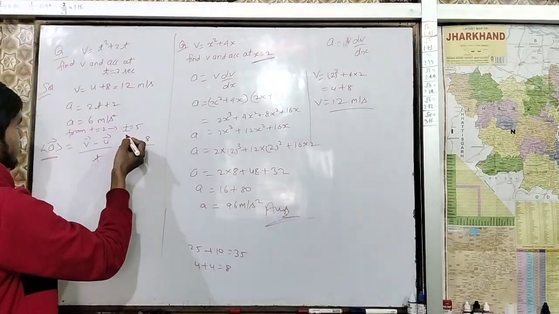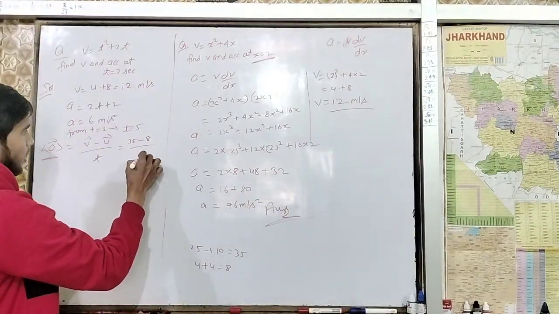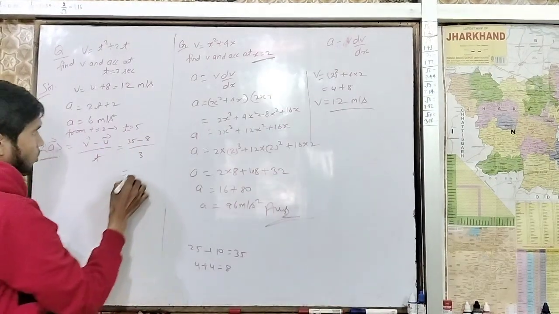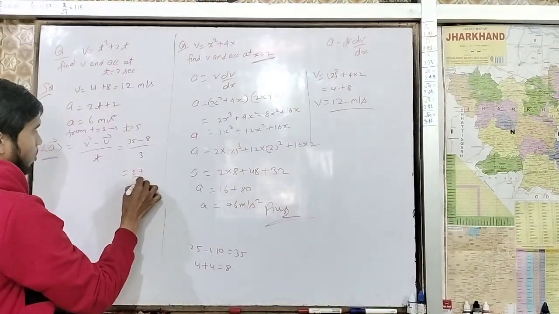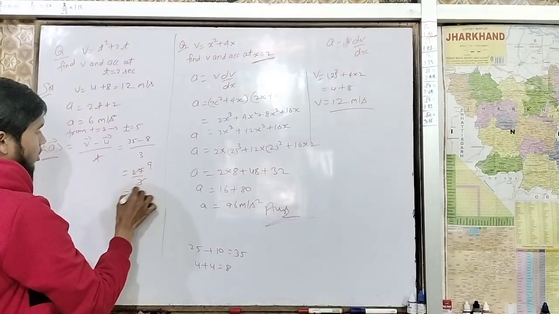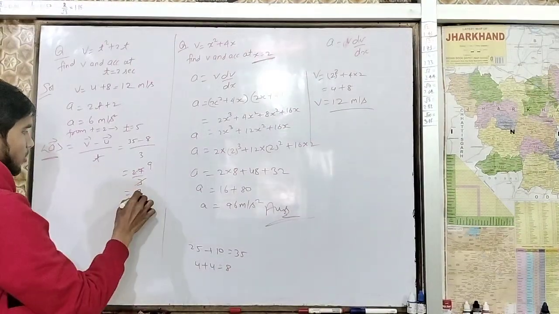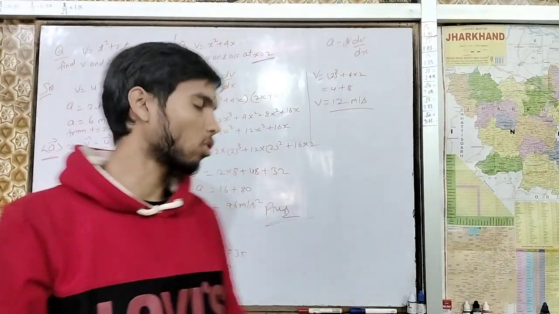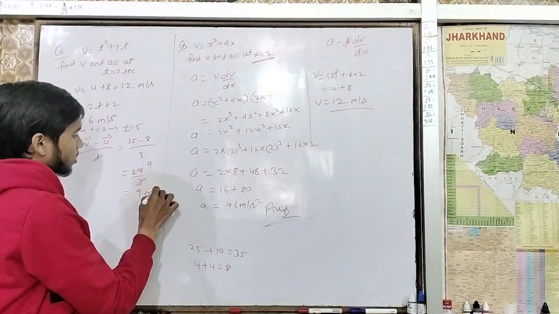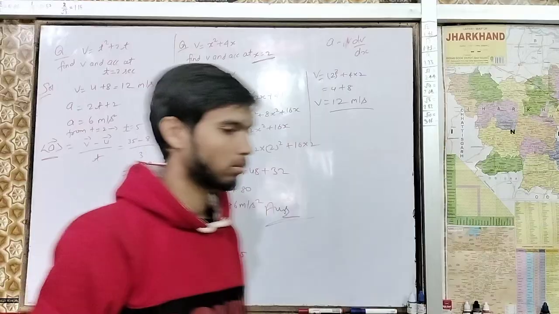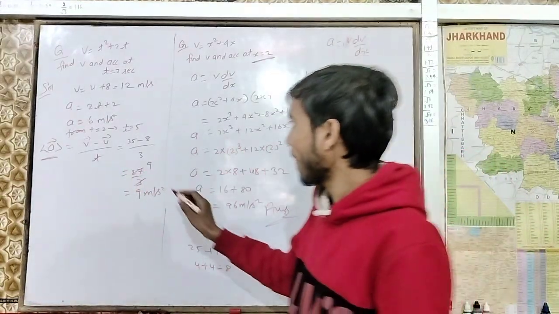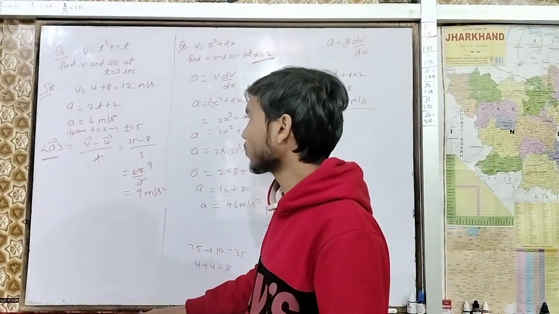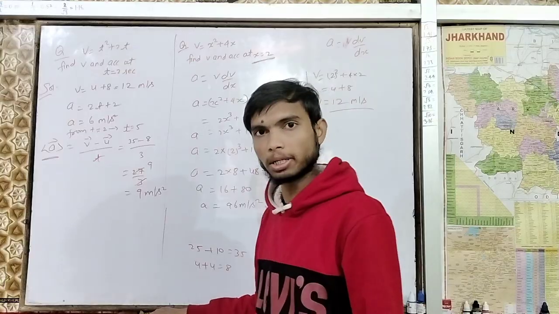Upon time, which is how much? 5 minus 2 will be 3. So it is going to be 27 upon 3. 9 threes are 27, so 9 is the acceleration. Average acceleration. We found first the final velocity, then the initial velocity.